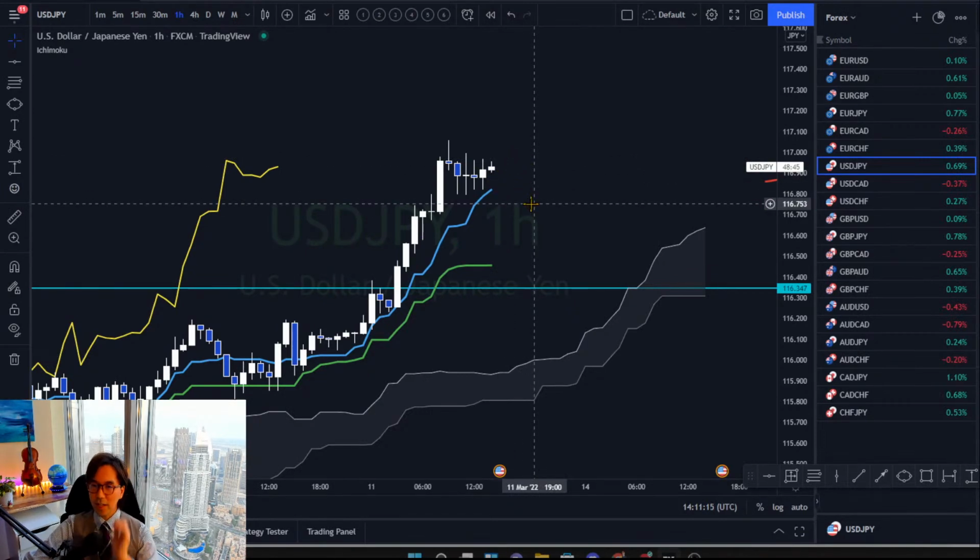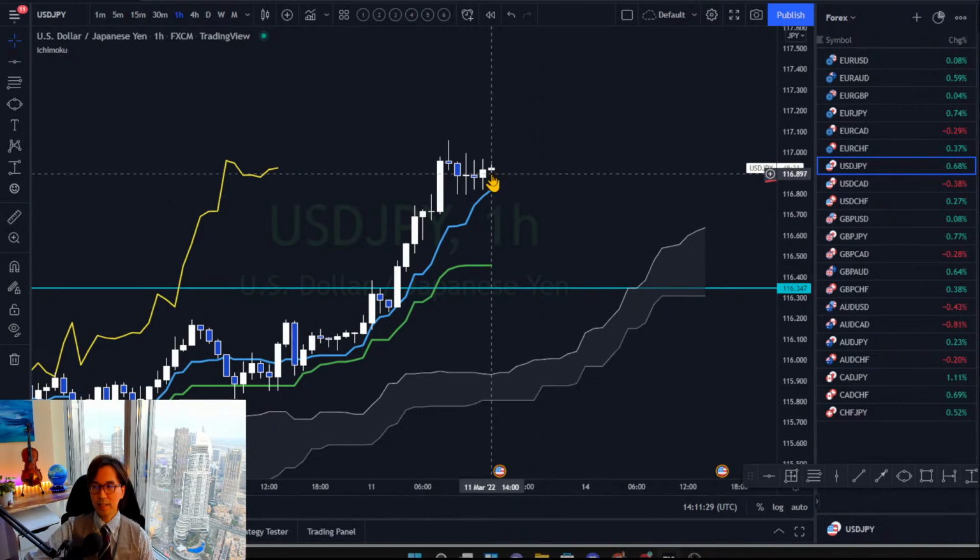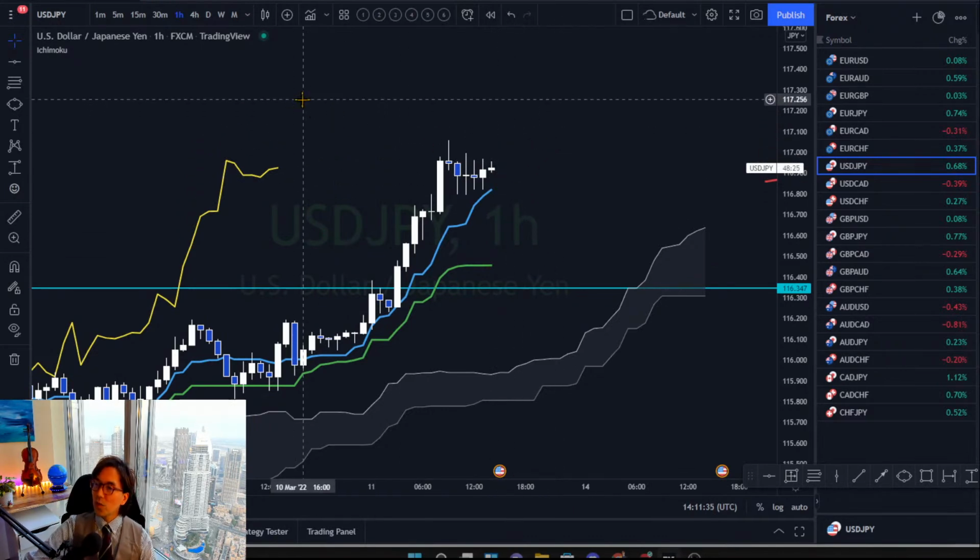But since this is Friday and there will be news in the US in about 49 minutes, to be safer, I prefer to stay away. But still, I would say that from technical analysis by Ichimoku, it's bullish in 1 hour. So with this in mind, let's take a look at the Tokyo box.